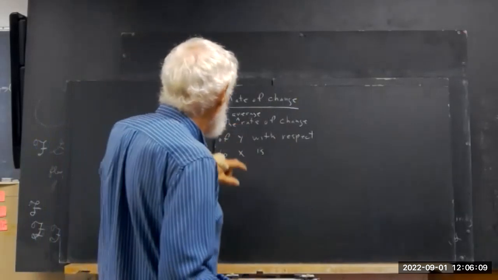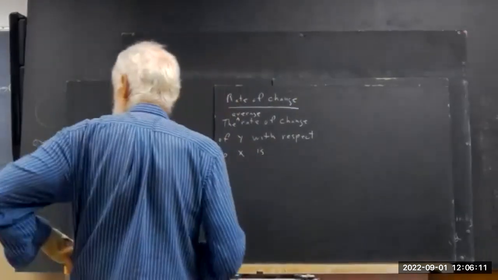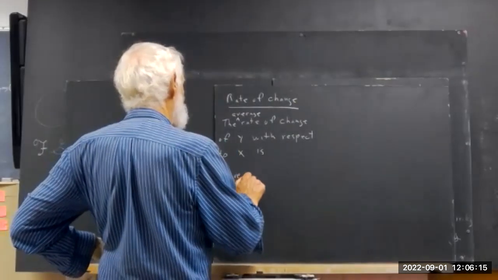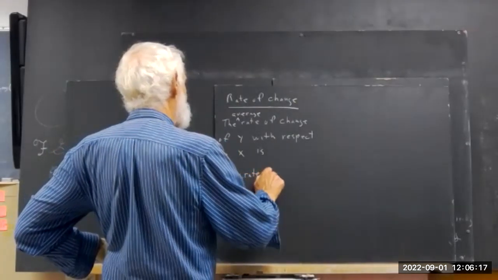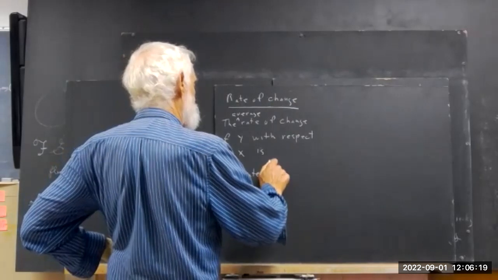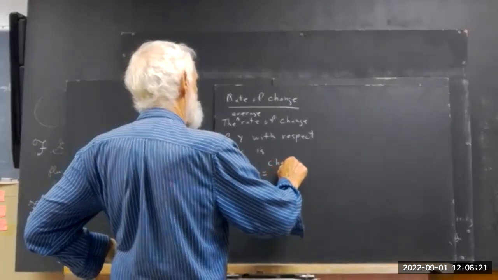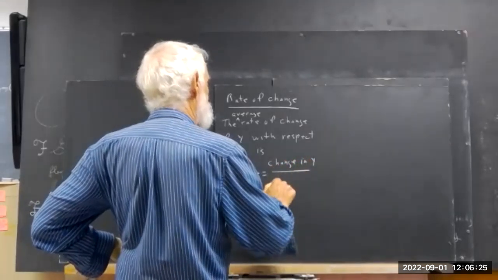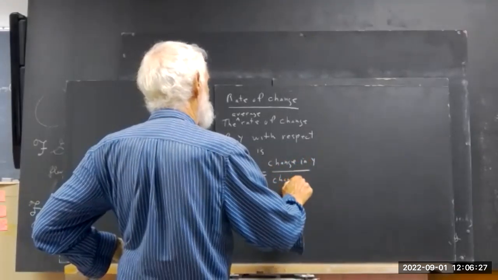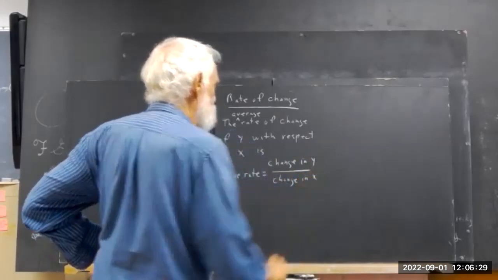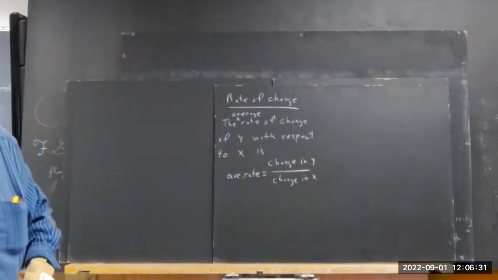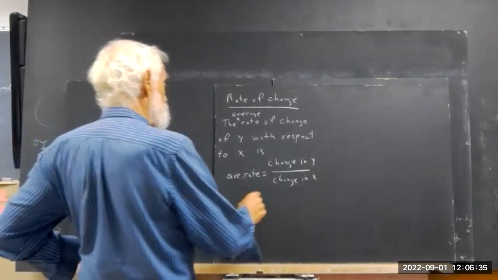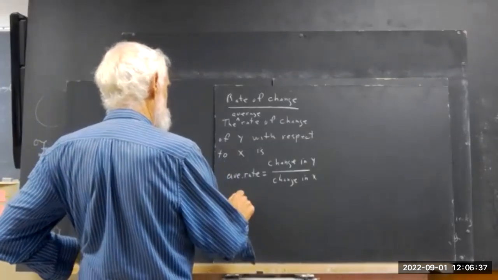Okay, well, the rate of change of y with respect to x is the change in y over the change in x. I'll illustrate what that means, but I'll also give you a notation.